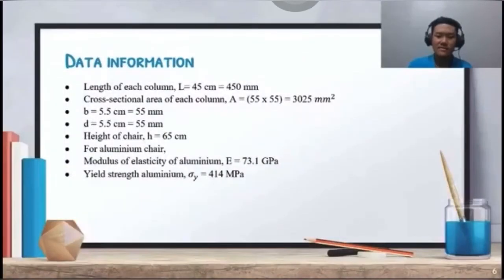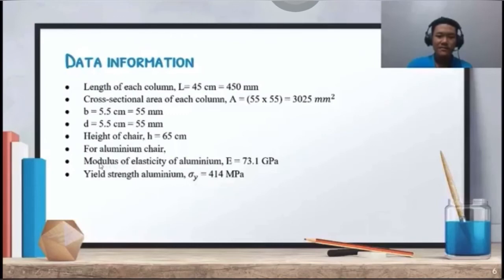This is the data information for the chair. We can see the length of each column, the cross-sectional area of each column, B, D, and the height of the chair. For the aluminium chair, we refer to the table.